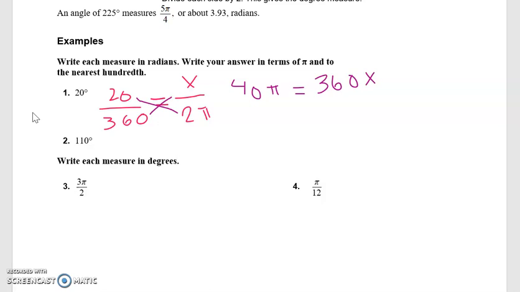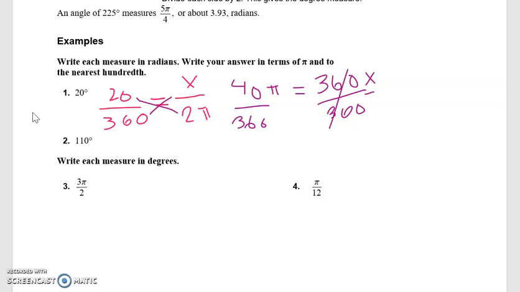Alright, we want to get x by itself, so we need to undo this times 360. What's the opposite of multiplication? Division. So we're going to divide both sides by 360. And this is our answer, 40 pi over 360. But we can simplify that, and we should always get in the habit of simplifying our fractions. So 40 over 360, that could be 4 over 36.